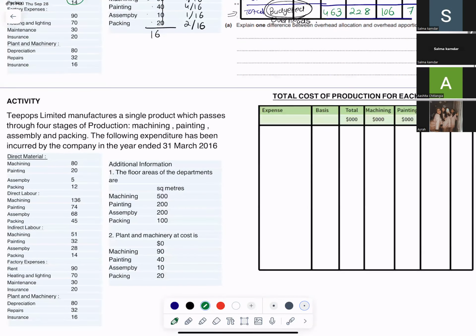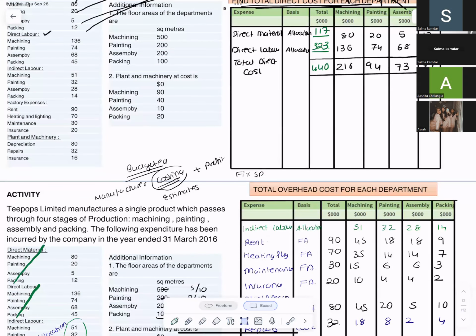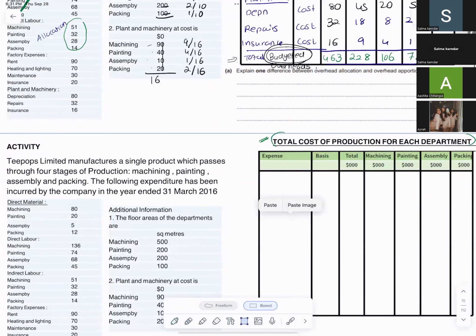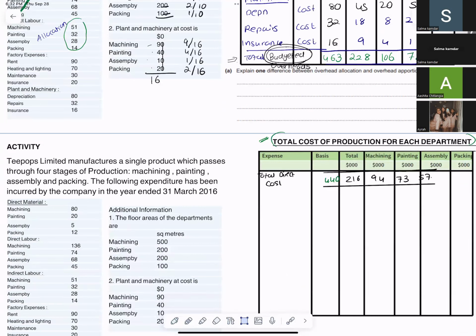Now, they want the total cost of production of each department. So you first found out the total direct cost. The total direct costs plus your budgeted overheads would give you the total cost for each department. What is your total direct cost?